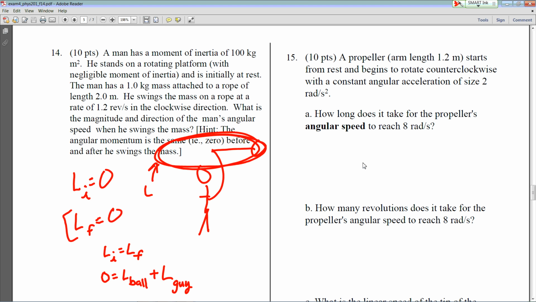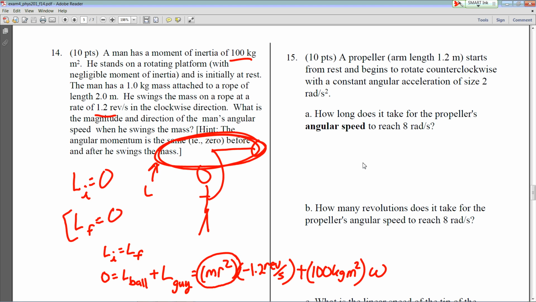And then we have to find out, what is the moment of inertia of the ball? That's going to be mr squared. I treat it like a discrete particle, right? So just the mass times the radius squared times the negative 1.2 revolutions per second. Negative because it's clockwise, plus the guy, he has a moment of inertia of 100 kilogram meter squared times his omega. Then I have to figure out what this moment of inertia is.